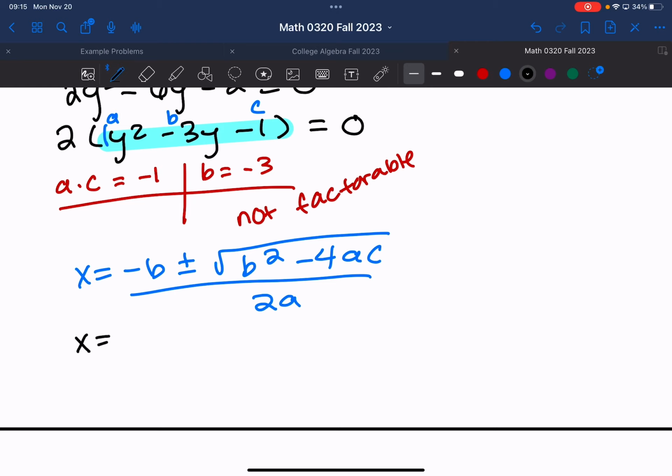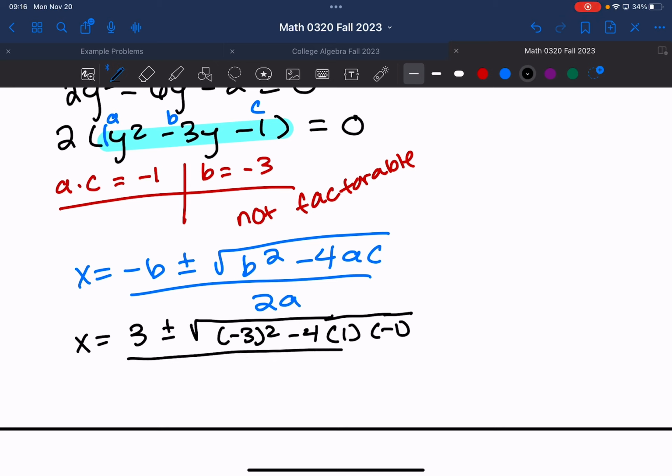So a negative times a negative is a positive. So I have 3 plus or minus the square root of b squared, so -3 squared, minus 4 times a, which is 1, times c, which is -1, all over 2 times a, which is 2 times 1.